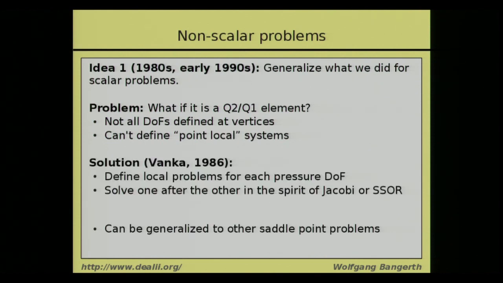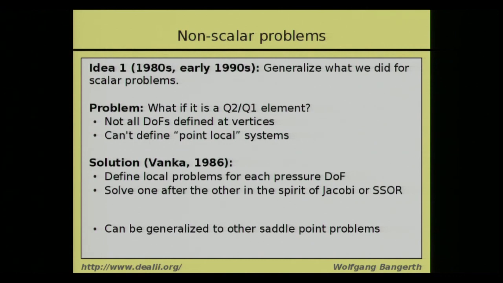And the solution to this sort of problem was proposed by Bangerth in 1986. He said essentially that the pressures are somehow special. The pressures are the ones that give us trouble because they have this zero block on the diagonal.